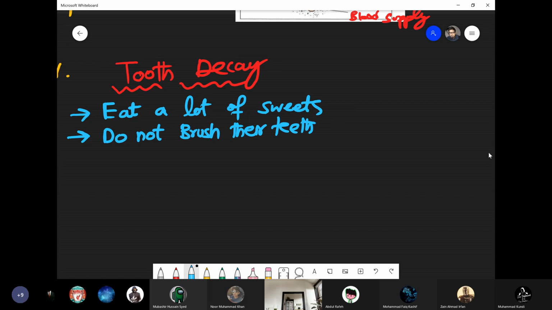When a person eats a lot of sweets and does not brush his teeth, at that time what will happen? The bacteria will start growing in the mouth.